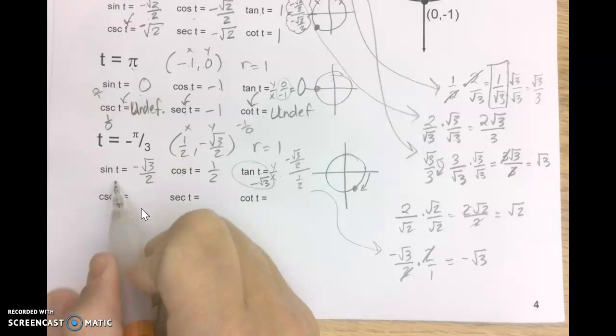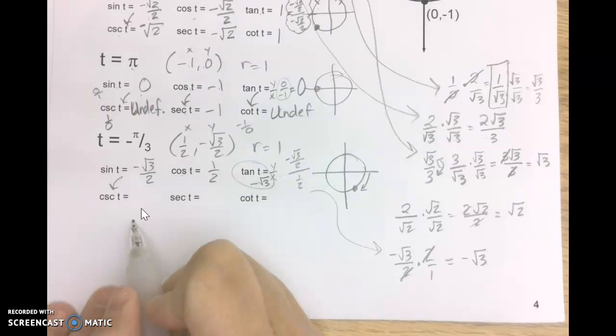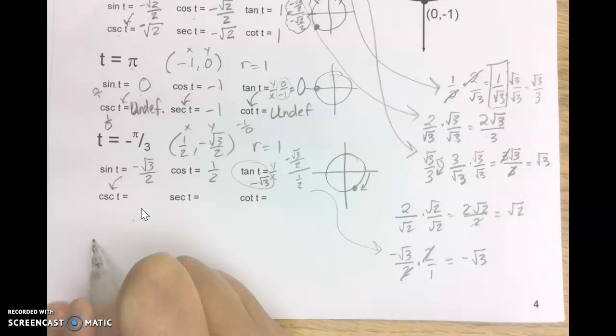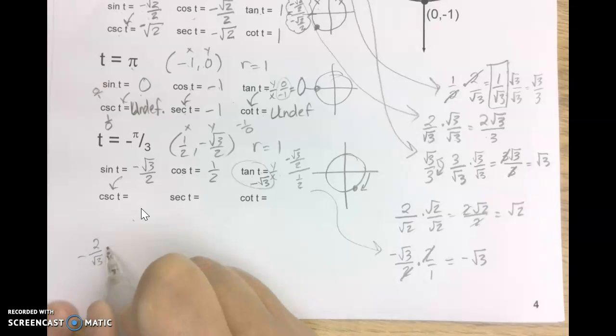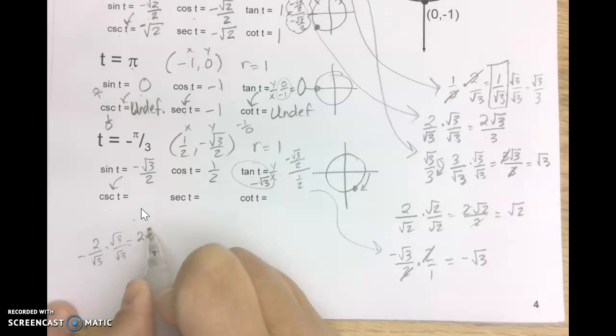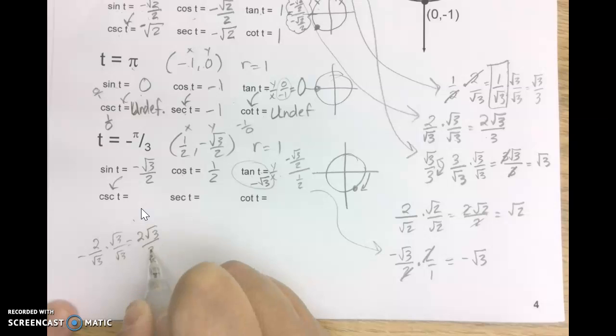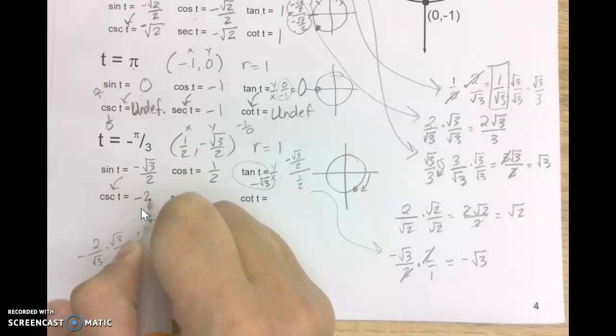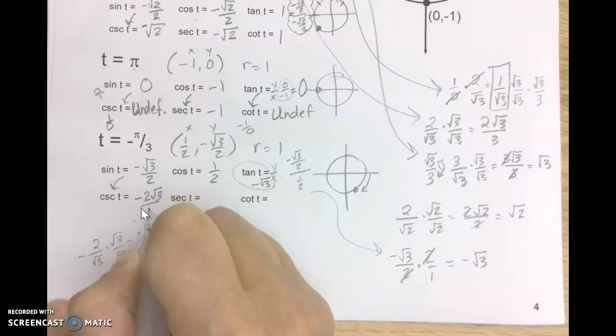All right, cosecant, reciprocal of sine. So I'm going to have 2 over the square root of 3, rationalize. I get 2 square roots of 3 over 3. So this will be -2 square roots of 3 over 3.